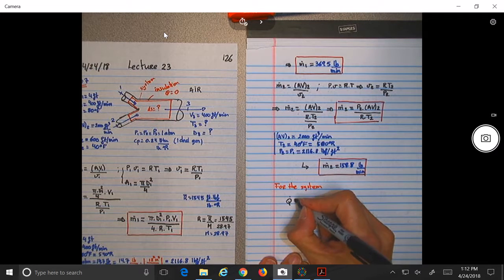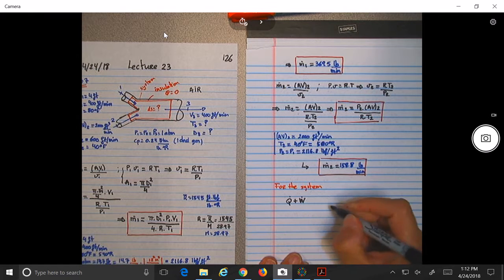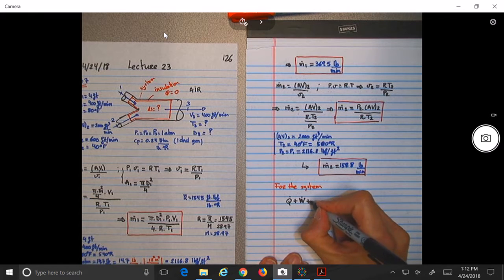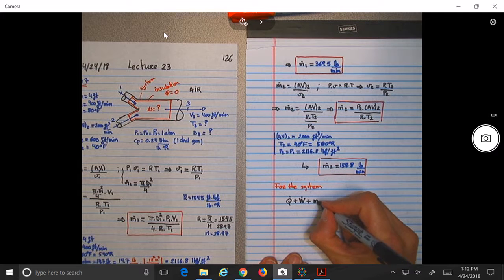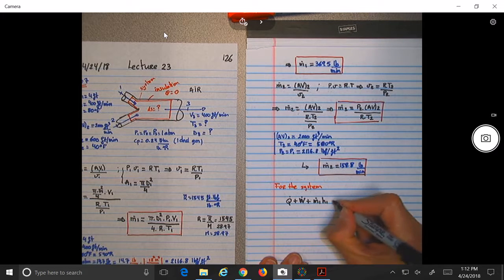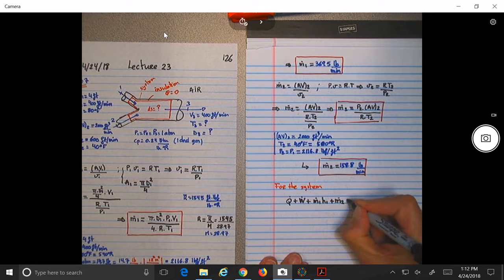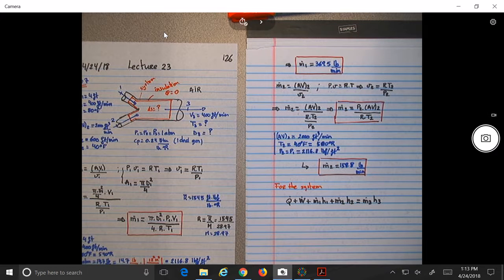It's Q dot plus work dot plus what is coming in over here will be what? M1 H1. Anything else coming in? M2 H2. Is something coming out? M3 H3.